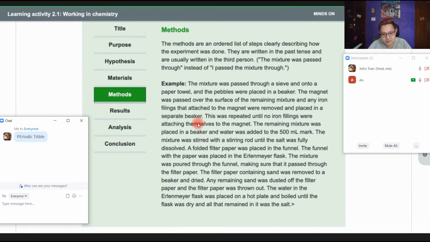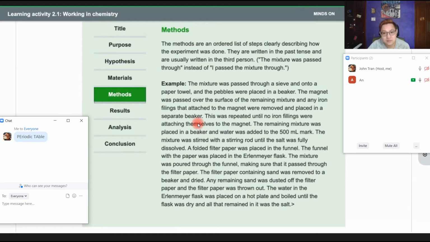A folded filter paper was placed in a funnel.